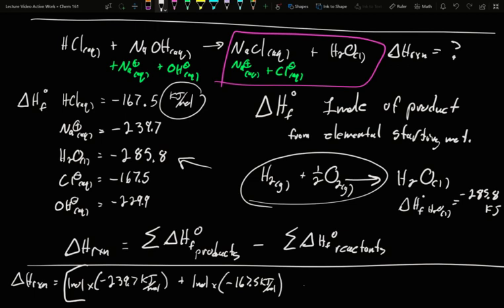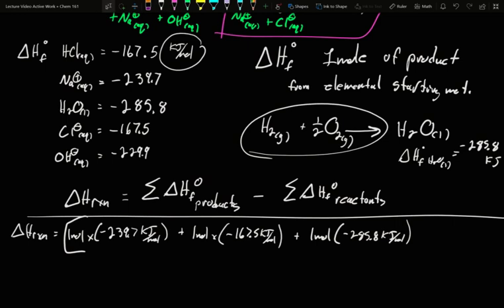And I have liquid water, so plus the liquid water, which is, well, again, 1 mole of it in our balanced reaction, times negative 285.8 kilojoules per mole. That is going to give us the delta H of formation of the products.